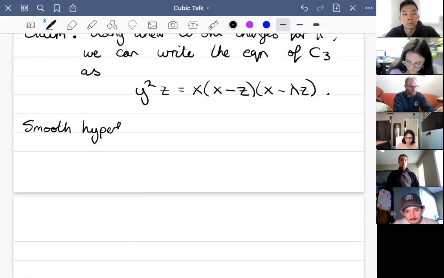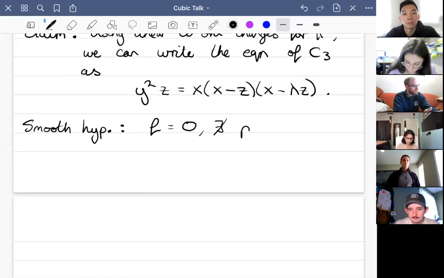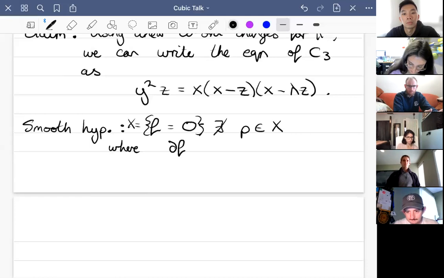This is just an aside. What does this mean? If my hypersurface is given by an equation equaling 0, I just want there not to exist any points on X where all the partial derivatives of f simultaneously vanish.